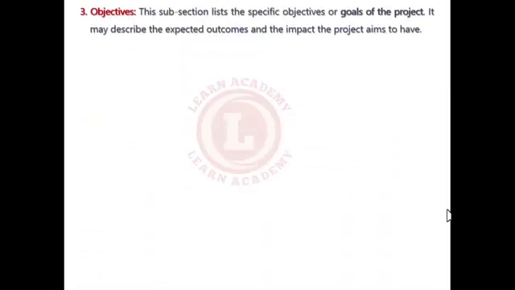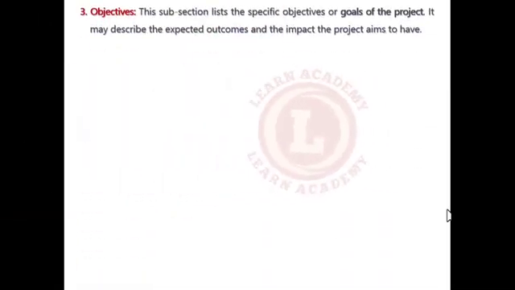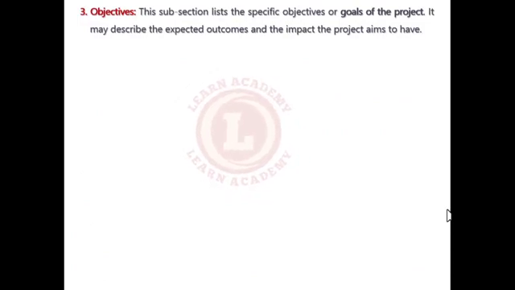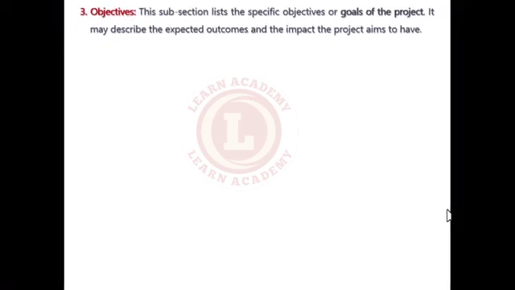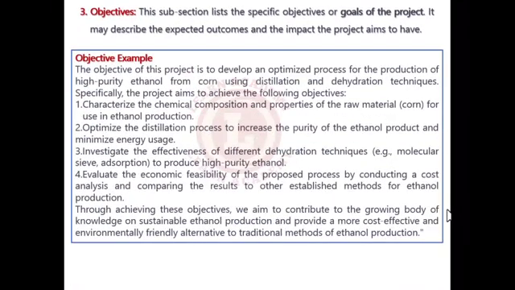So the next subsection of introduction is objective. This subsection lists the specific objectives or goals of the project. It may describe the expected outcomes and the impact the project aims to have.